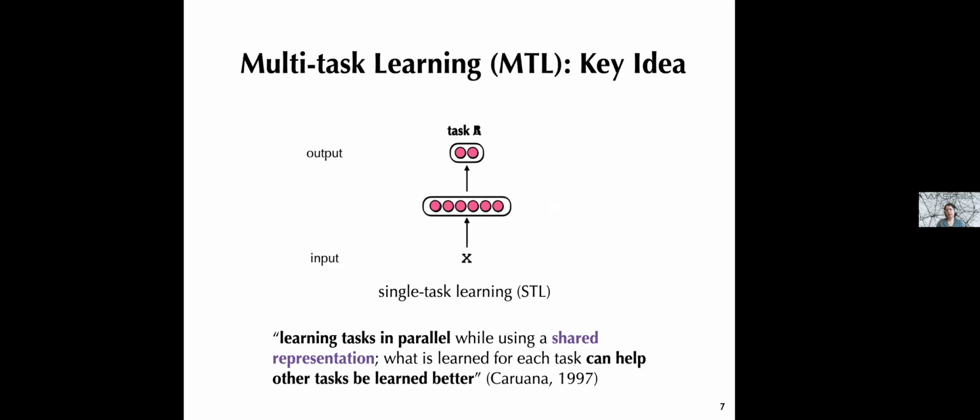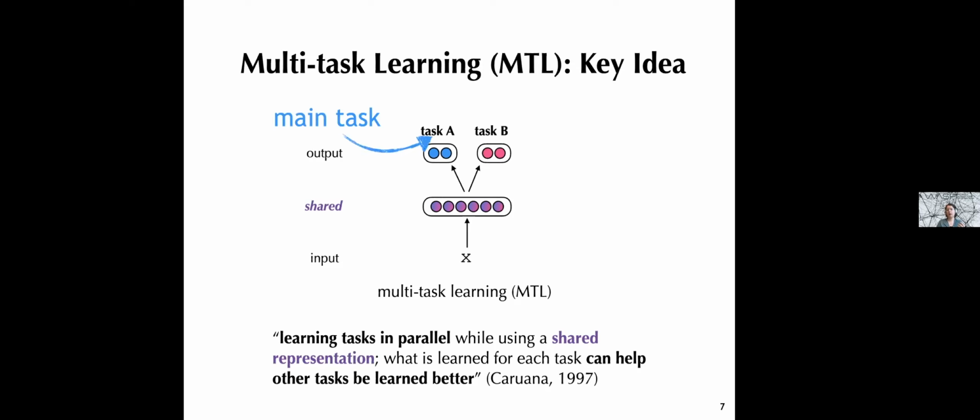This can be done in many different ways, but the simplest approach is to share the model structure, and then typically have a main task you're interested in, but you can also have what's called auxiliary tasks. It really depends on the instantiation, whether these are auxiliary tasks, or you really care about all of your output tasks, so that you don't use one to improve another main task, but you want to solve them all in one go.